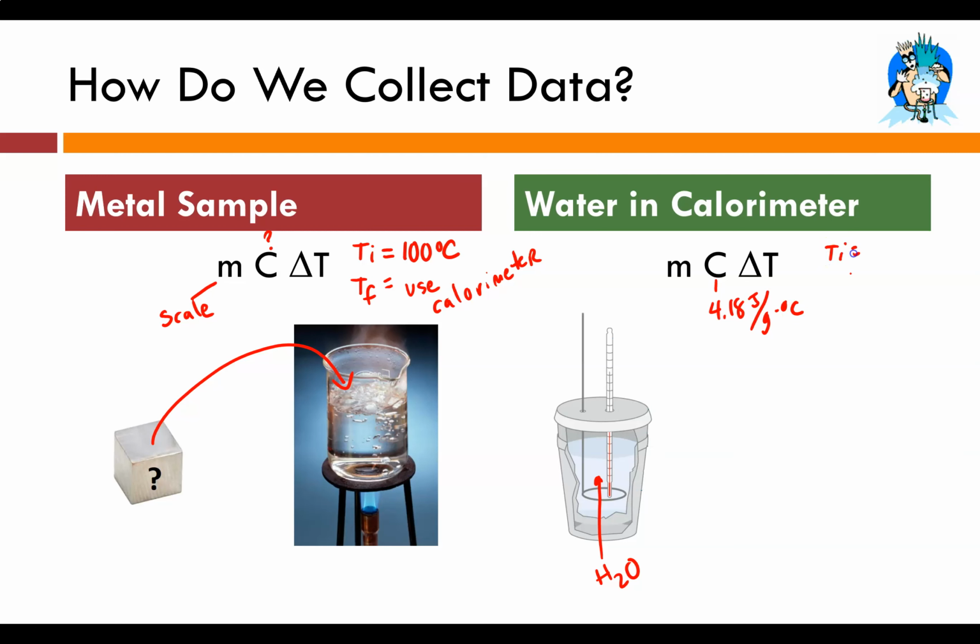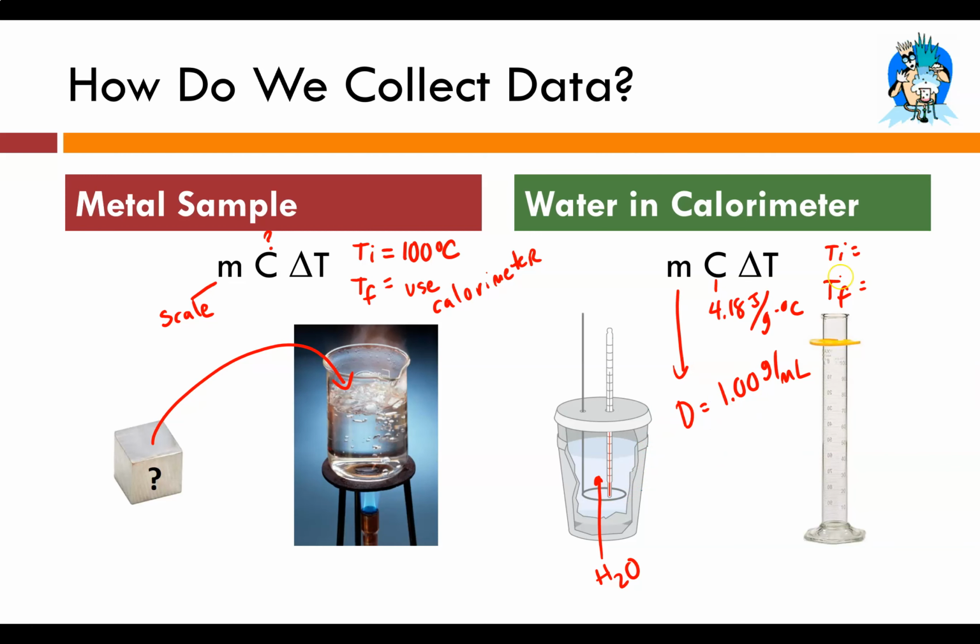I need an initial temperature, a final temperature, and a mass. If I measure the volume of the water, I can use the conversion that density is equal to 1.00 grams per milliliter. So if I know the volume of water I've put into the calorimeter, I can very quickly figure out its mass simply by changing units.